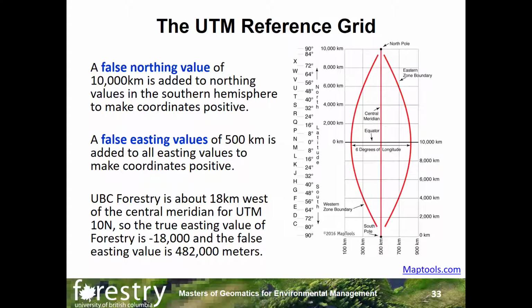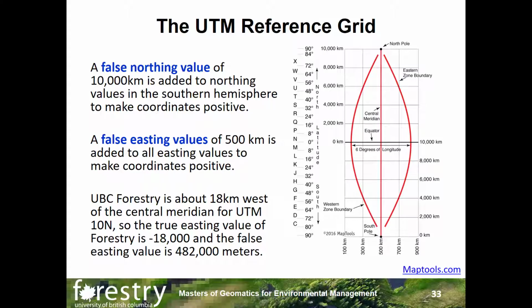And for this reason, we call those coordinates false northings. So with false northings, coordinate values in southern hemisphere UTM zones now range from 0 meters at the South Pole to 10 million meters at the equator, right? That's roughly a quarter of the circumference of Earth from pole to pole.